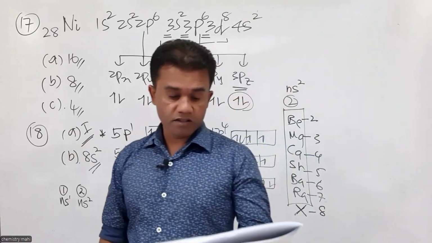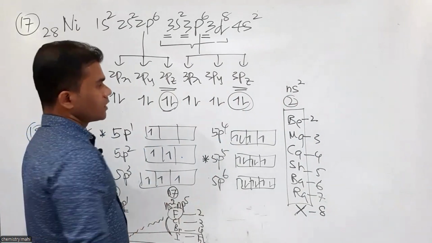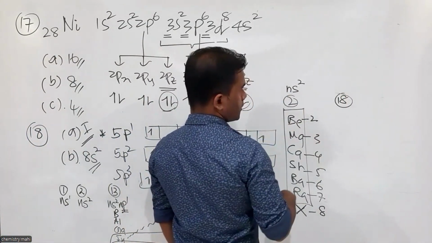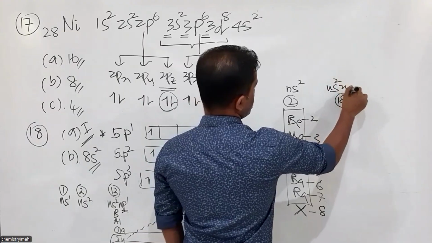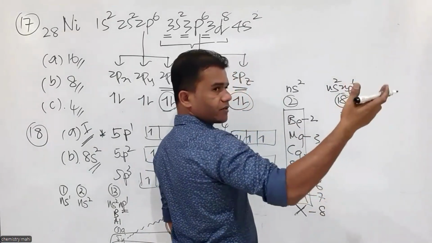C: the noble gas with electrons occupying 4d orbitals. Noble gases mean group 18, with configuration ns2 np6. Helium I ignore; helium is 1s2.